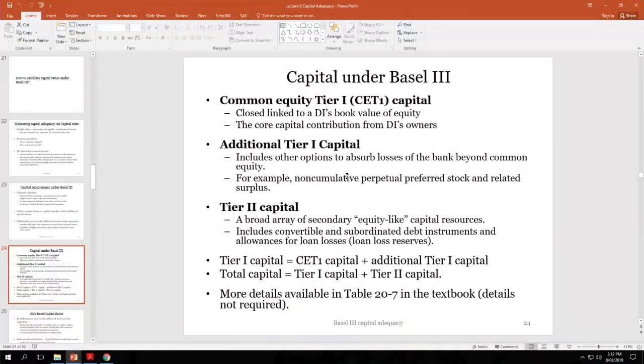So I don't expect you to be clear about that. It's actually quite complicated. So you don't need to worry too much about how to classify preferred stocks, but you do need to know that we have special requirements for certain types of preferred stocks to be classified as additional Tier 1 capital. And then we have Tier 2 capital, right?